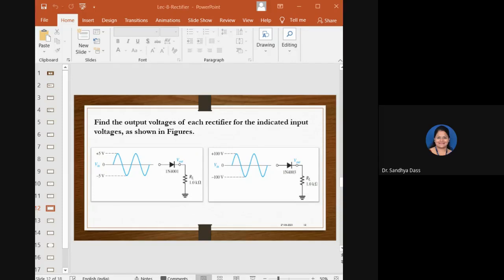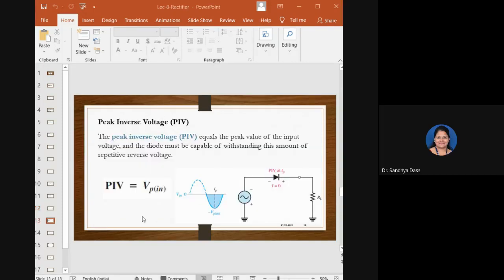And the final parameter we have to discuss here in the rectifier is the peak inverse voltage. Peak inverse voltage is nothing but the maximum reverse voltage that the device is able to withstand during the reverse cycles or reverse voltages.